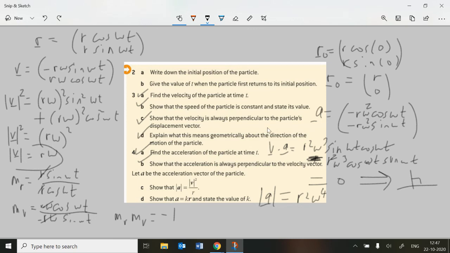Now remember that the magnitude of V is rω, and they're trying to say that that's V squared. So V squared would be this thing squared, so that would be r squared ω squared. So that would be V squared. Where am I going with this one? Well, I've forgotten to do something, haven't I?